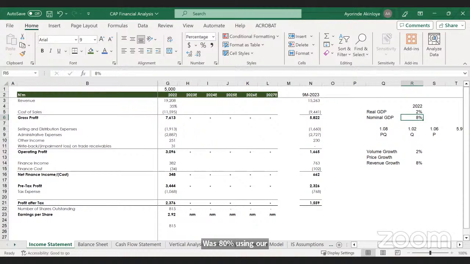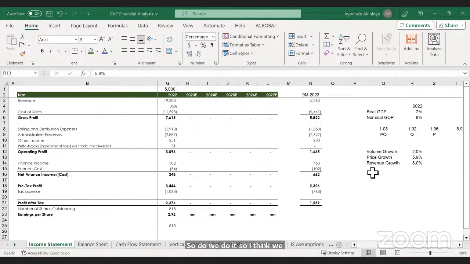Now, by extrapolating these two, we got a growth rate of 5.9% for price growth. So I think we understand to this point.